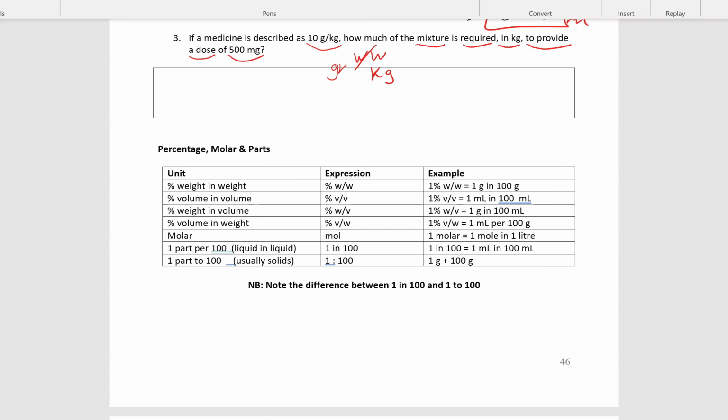Imagine that if you have a powder or something solid, it's 1 kilo mixture. The mixture is 1 kilogram. 10 grams of this 1 kilo mixture is active ingredient.